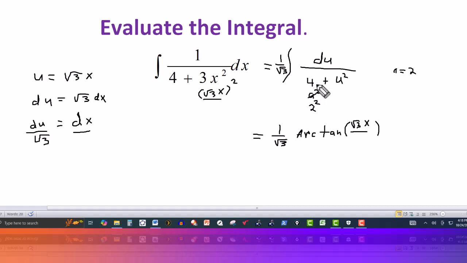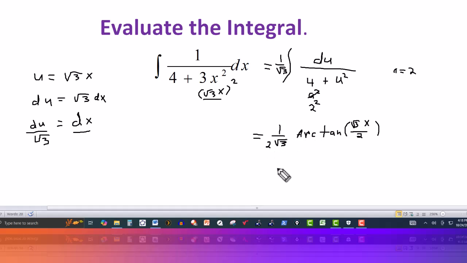So again, it's arctan u over a. In our case, u is the square root of 3 times x, a is 2. And then in the formula, it was 1 over a, or the coefficient, divided by a. So this is just divided by 2.